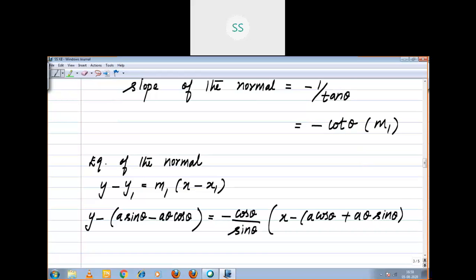Whenever a large format comes, you have to write slowly. You should not commit mistakes.